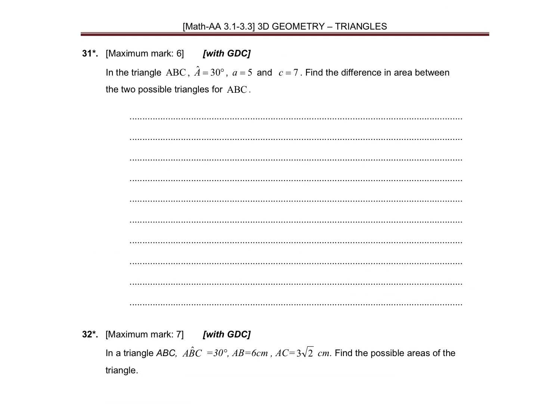All right, 31, we've got triangle ABC. A is 30. Across from A is 5. Across from C is 7. Find the difference in area between the two possible triangles.